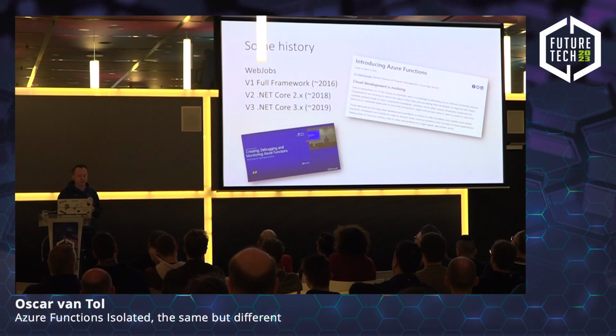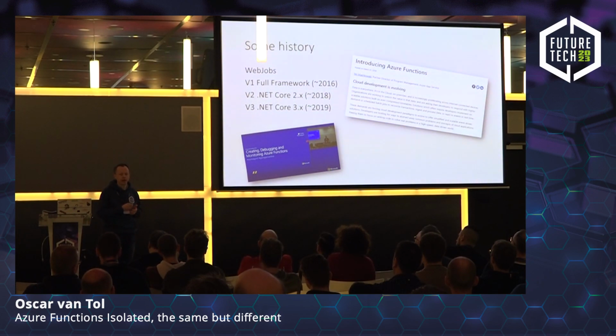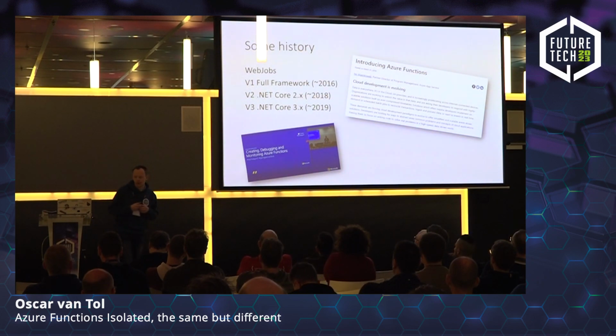But what they did, and that's where our history begins, is take most of the web jobs code that was running behind it, most of the bindings and triggers that were already in there, moved it to Azure Functions and gave it a serverless platform to run.